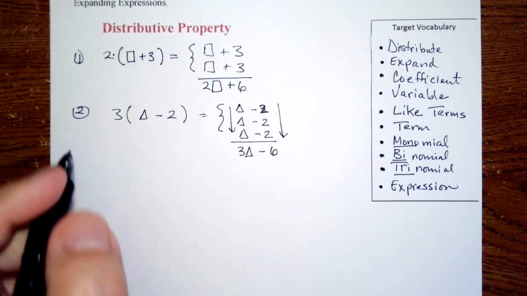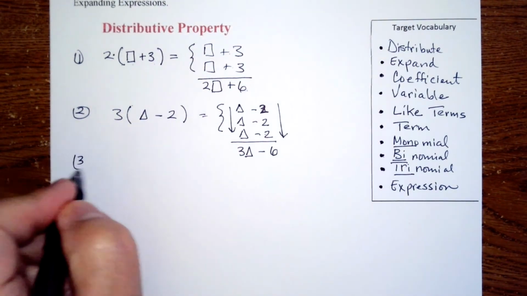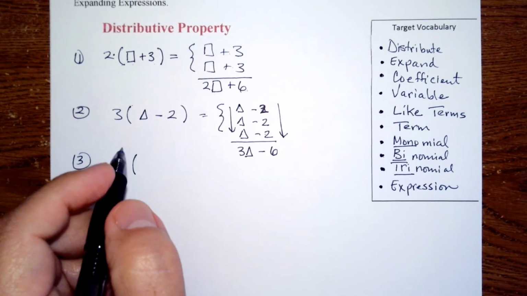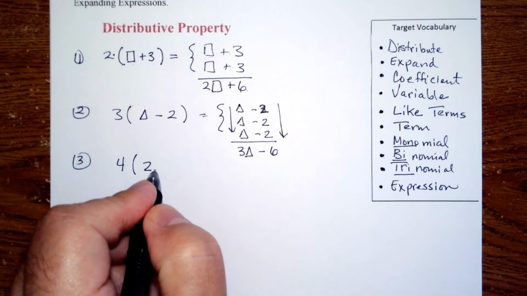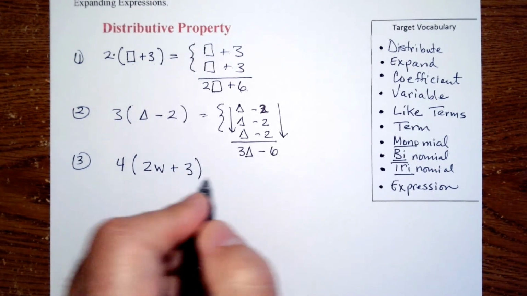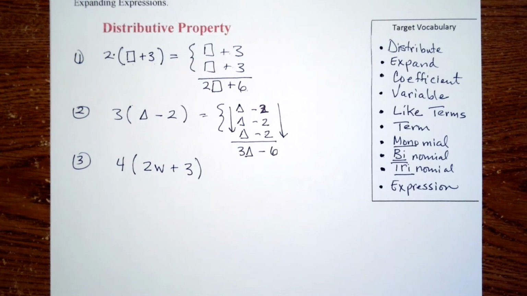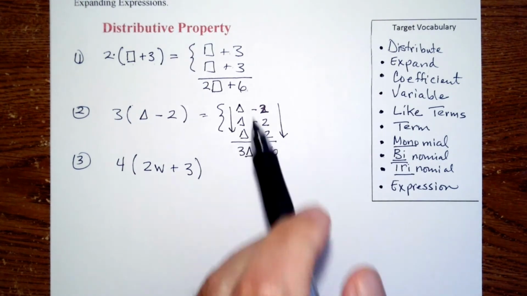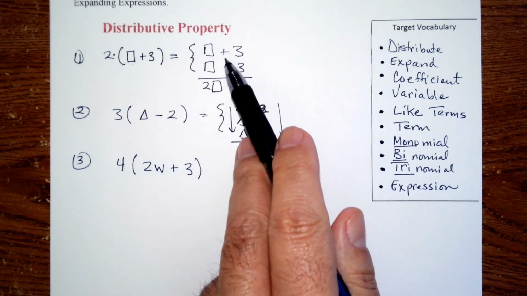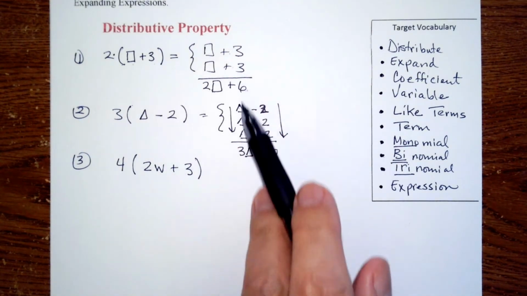Let's try a third one. 4 times the quantity 2w plus 3. Now, can we do a shortcut? Do we need to draw everything inside 4 times, like we did in problem number 1, problem 2?